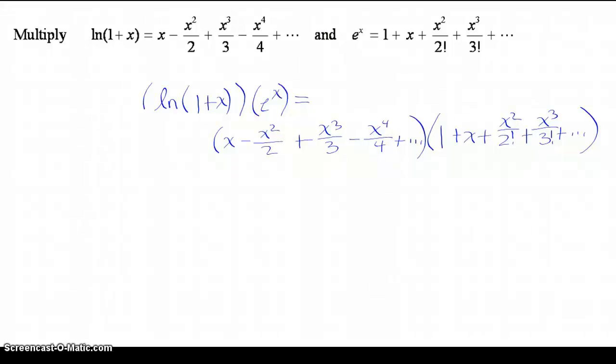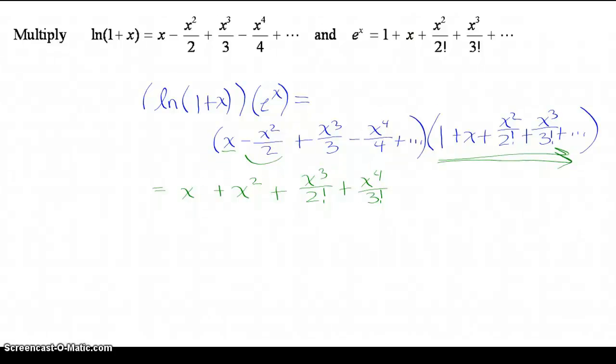What I would do is take the first term here and multiply it by every term there. So x times 1 is x, plus x times x is x squared, plus x times x squared over 2 factorial is x cubed over 2 factorial. You definitely see what I'm doing here. So there are the first few terms. I'm not going to put a plus dot dot dot yet, because now I'm going to go back and pick up that term and multiply it by every term here.